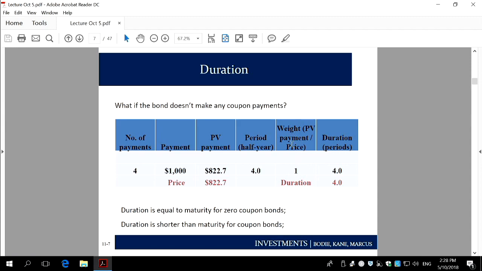So this single term has weight 1 and payment time 4 half years, so your duration is simply 4. So what does this tell us? This tells us that for a zero coupon bond, duration equals maturity. So duration equals maturity for a zero coupon bond, and duration is shorter than maturity for a coupon bond.